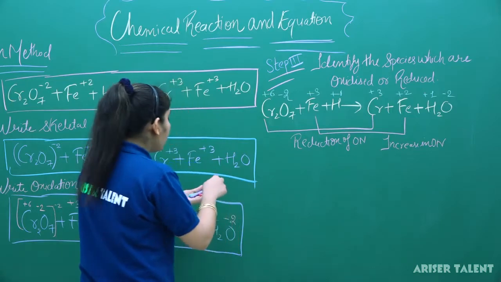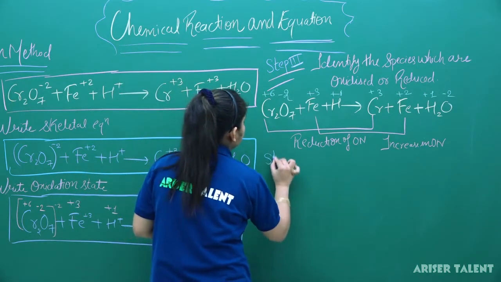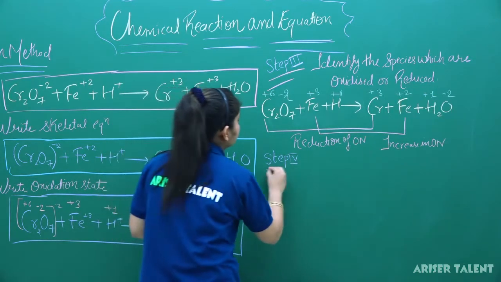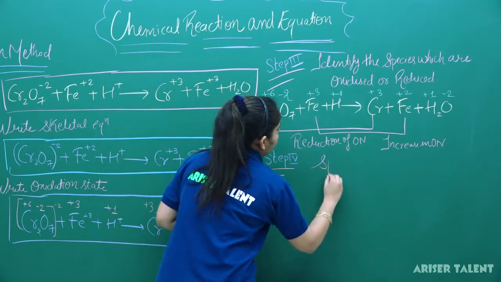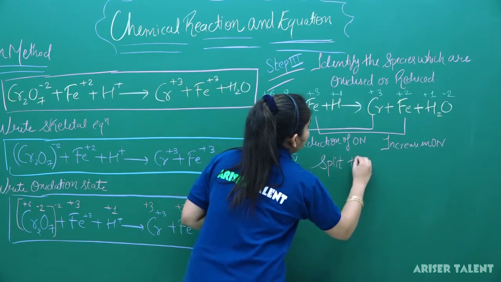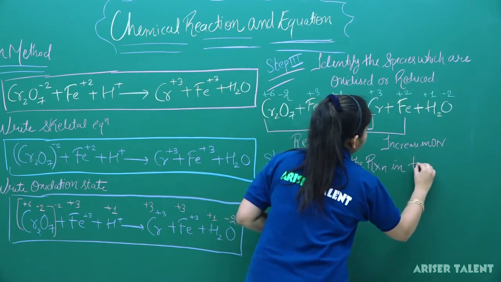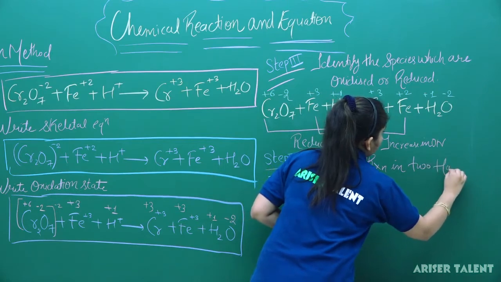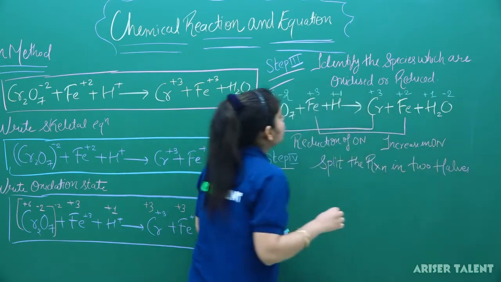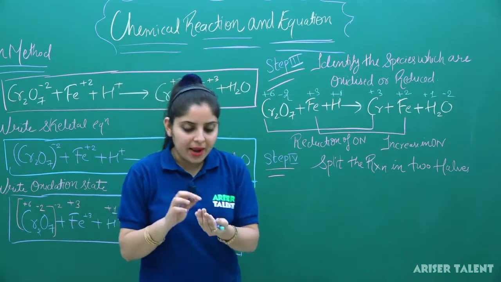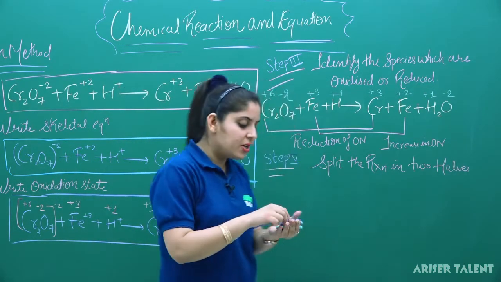Now we will follow our step number 4. Our step number 4 will be to split the reaction in two halves. Now we will determine which reaction is the oxidation half reaction and which is the reduction half reaction.